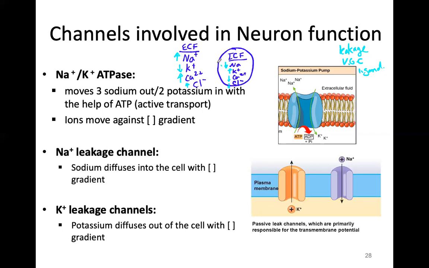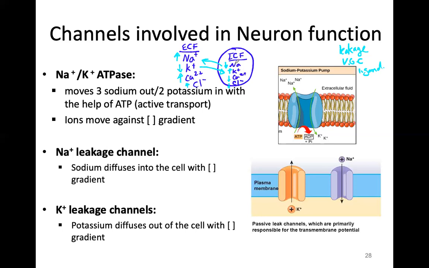So 3 sodium is going to move outside against its concentration gradient, from low to high. While this is happening, you're also taking 2 potassium from a low concentration and bringing that inside the cell. So again, you're moving it against their concentration gradient.